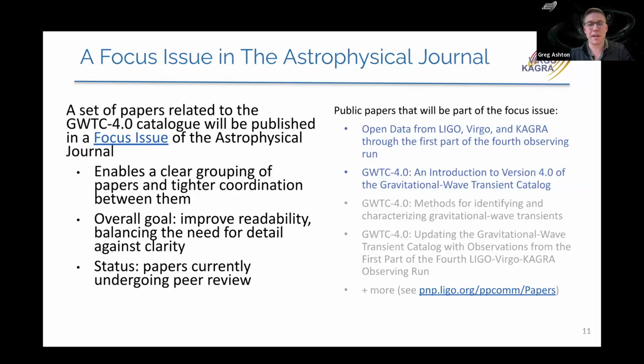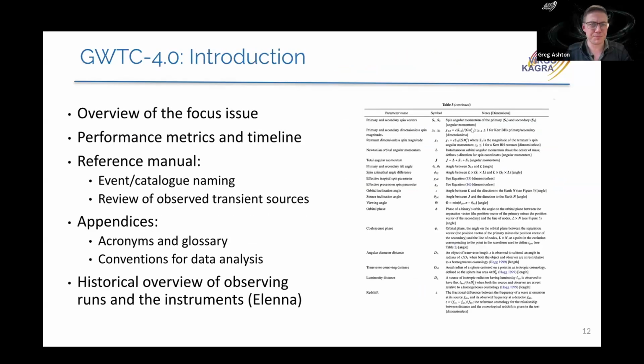As I say, there are methods papers and results papers as well that are targeted just on the catalog, and then there are a series of other papers as well, many of which are on arXiv. And I've put the link there to our main page where you can find all of those. So I'll just say briefly, in terms of the introduction, it is just an introduction, but the idea is to give an overview of the entire focus issue.